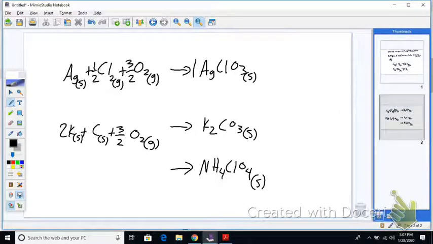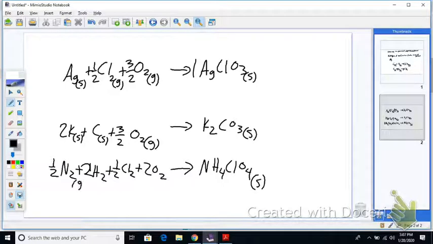Next one would be half of N2 plus 2 H2 plus half of Cl2 plus 2O2. And these would be all gases. Any questions on that?